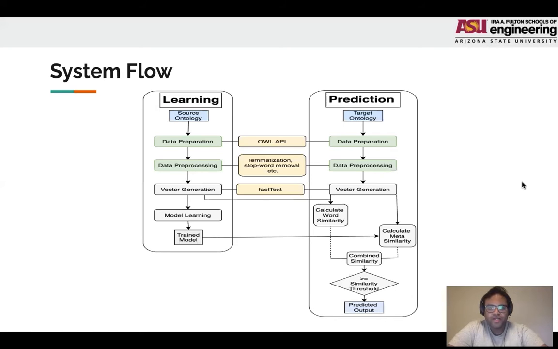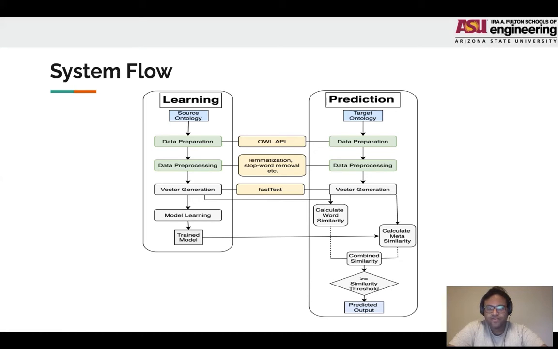So after the data pre-processing part, next part is vector generation. Now, as we have only the labels, and the input to the recursive neural networks are simply vectors, instead of starting from scratch, we used FastText, which is a pre-trained model, to get the vectors for each ontological entity.